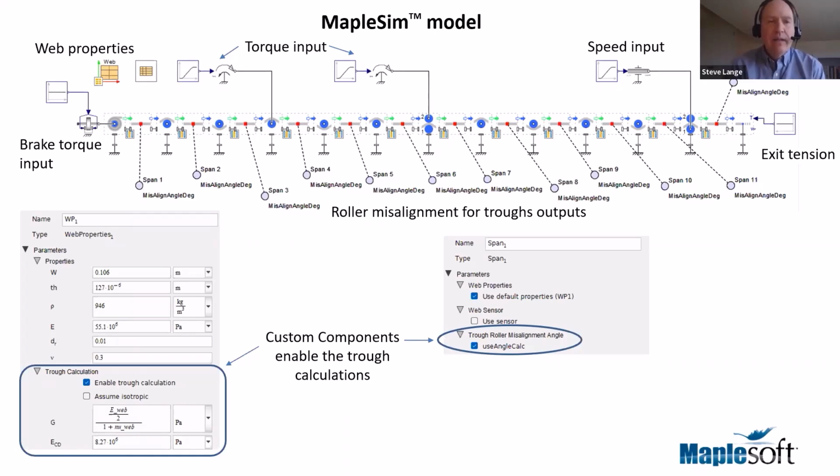So we created basically a sensor, and we created a custom component to do that trough calculation from misalignment angle. We also calculate the amplitude and the wavelength with another custom calculation, and we'll output that as well.